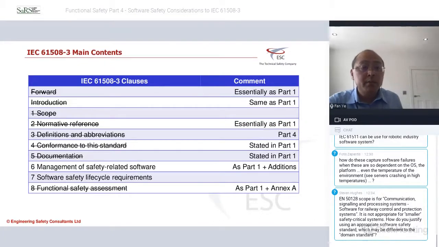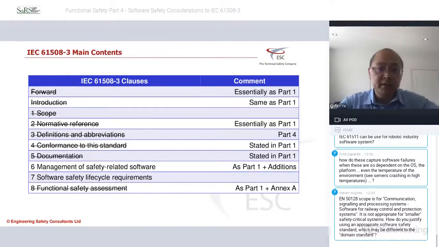Now, the main clauses. If you're familiar with the standard, you'll see Part 1, Part 2, and Part 3 have a similar structure, with 8 clauses, a foreword and the introduction.